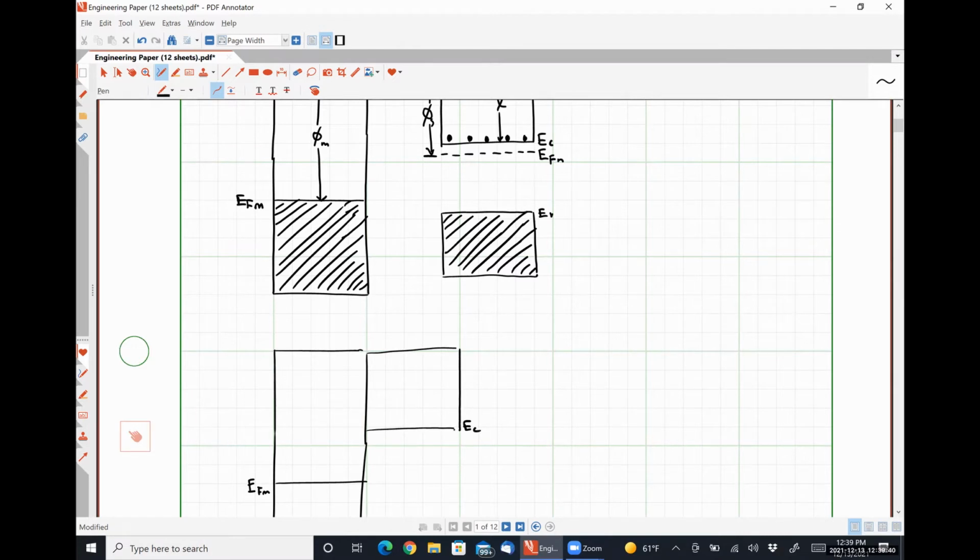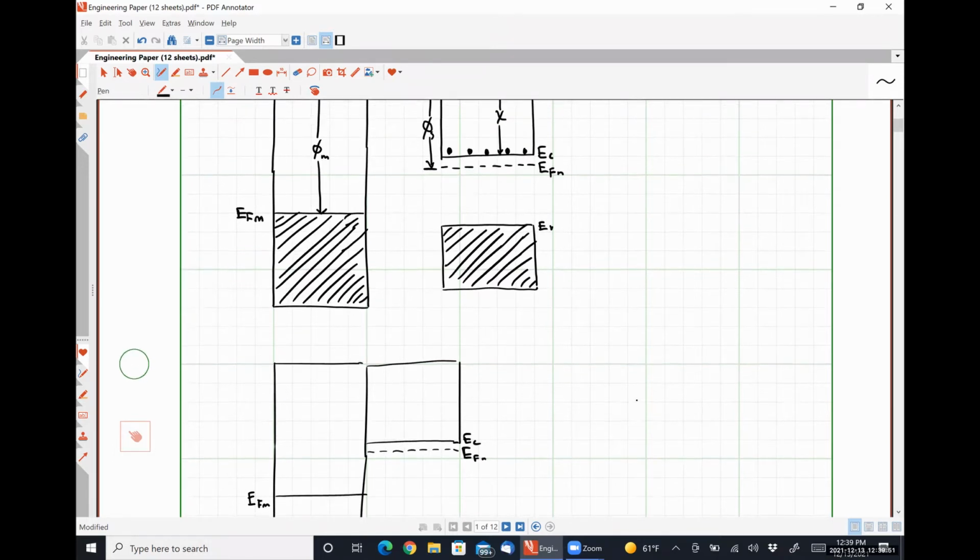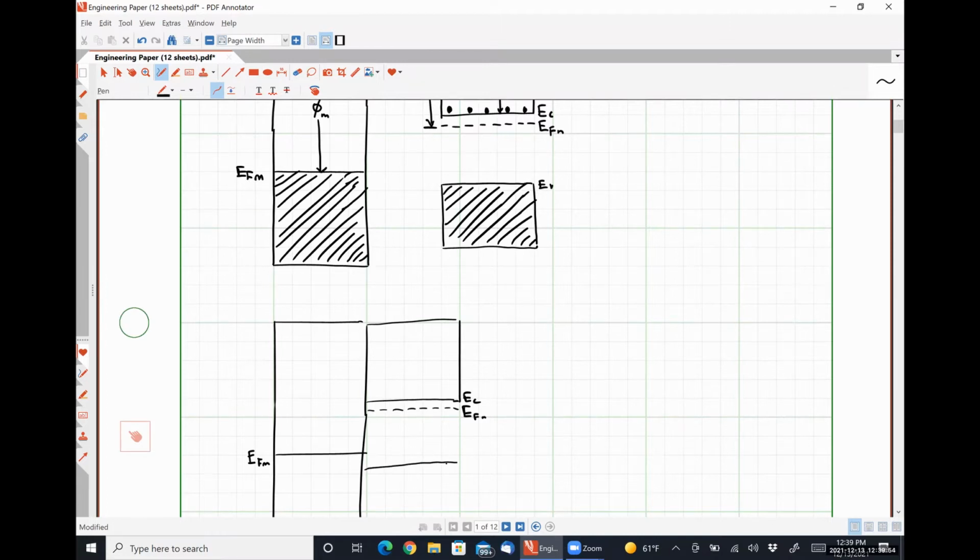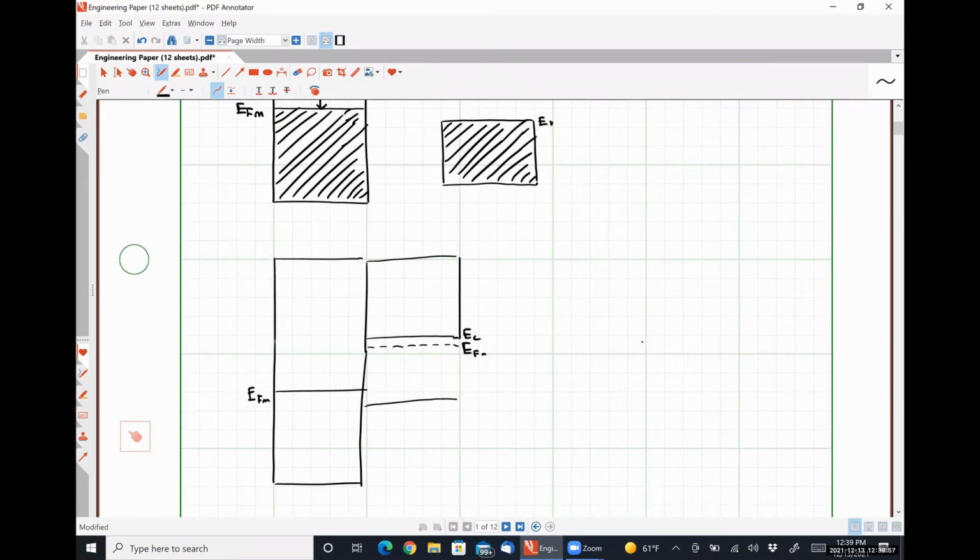Here is E_C. Here's E_FN. Here is E_V. These regions are full. And then here I have electrons. So this is what the instant of contact is going to look like, okay?